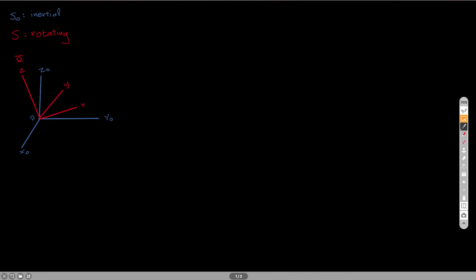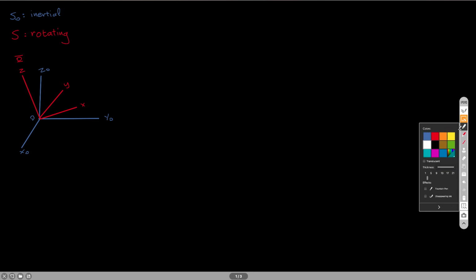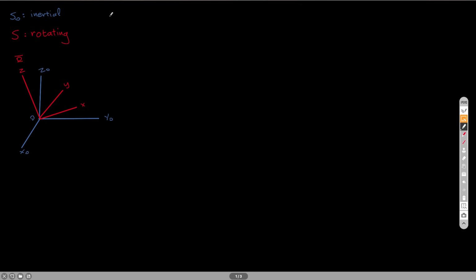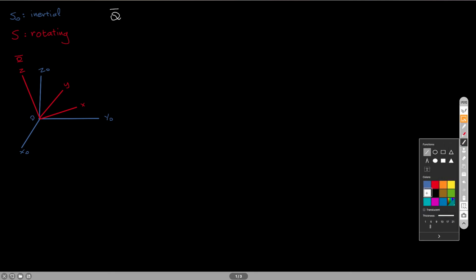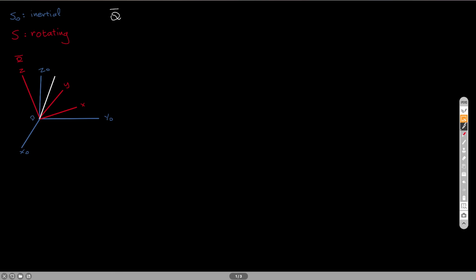Now, let's say I have a vector q, whatever that is. Let's say this can be a position vector. If this is my vector q, I'm not going to specify if it's position, velocity, or something else.